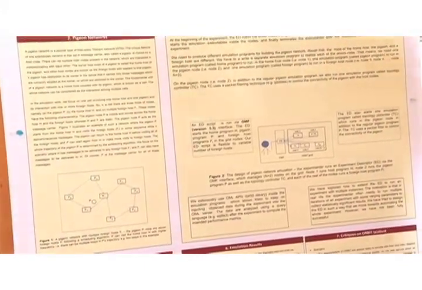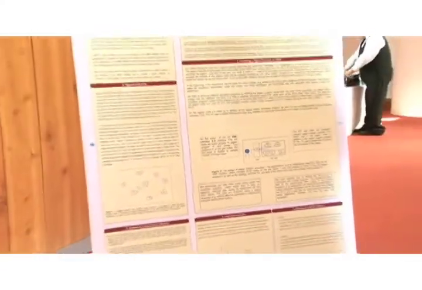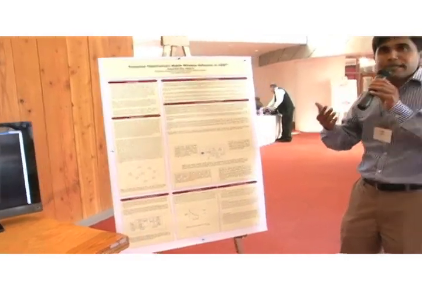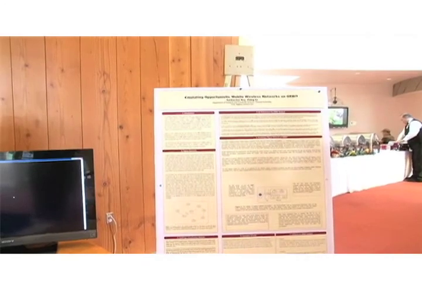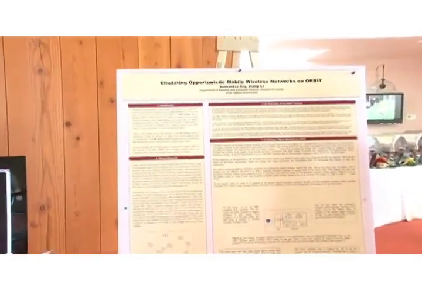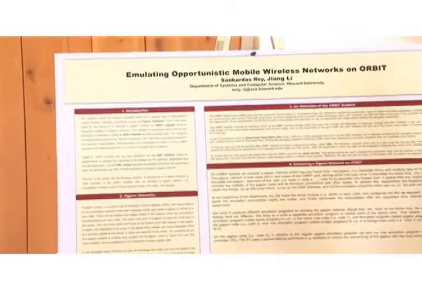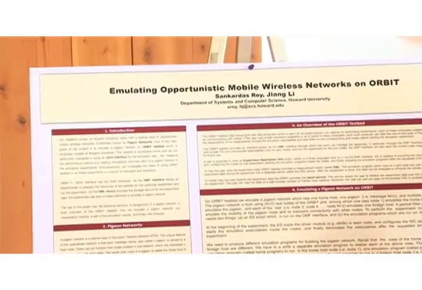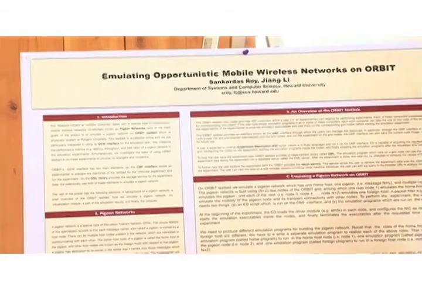Now for this demo, the focus is how we can emulate this kind of DTN on the ORBIT testbed. I'll give a little background on the ORBIT testbed. It has an OMF interface. That is basically the main GENI interface an experimenter has to use to run an experiment.